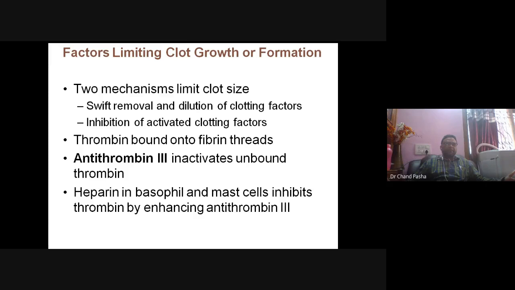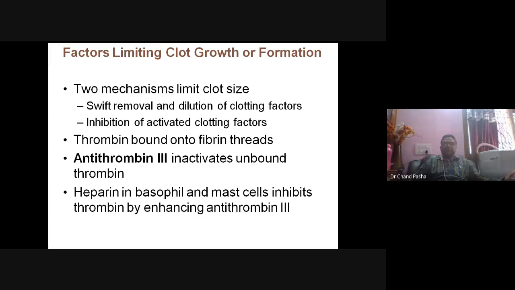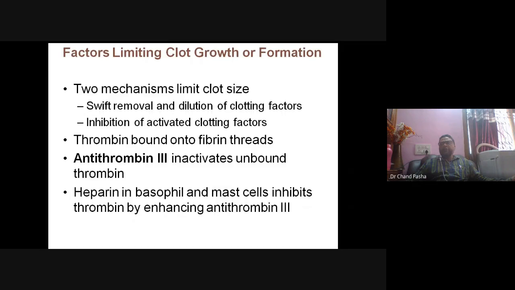Suppose factor number 12 is not there in sufficient quantity, then the initiation of clotting by the intrinsic pathway does not take place. If 12 is not there, say in hemophilia, which is a genetic disorder, it is not produced in quantity.